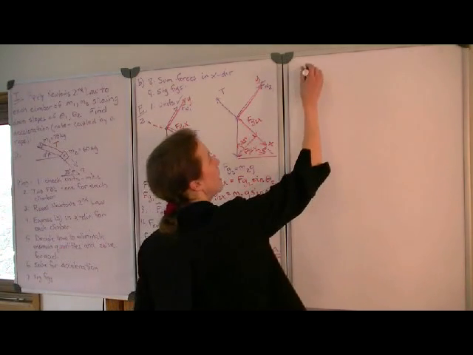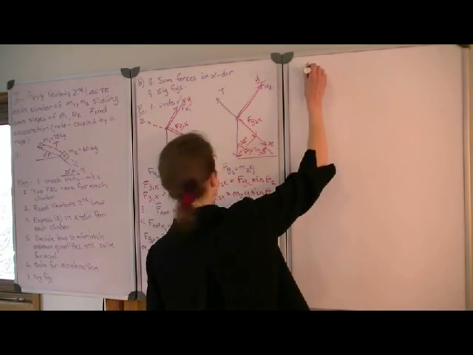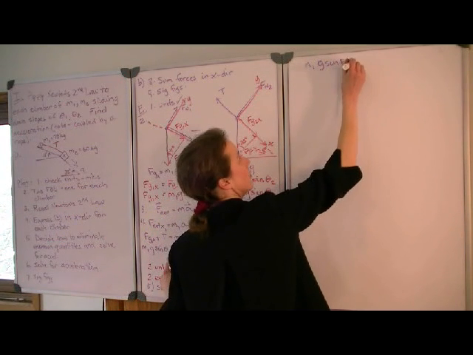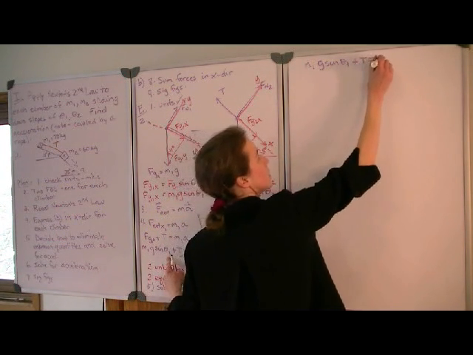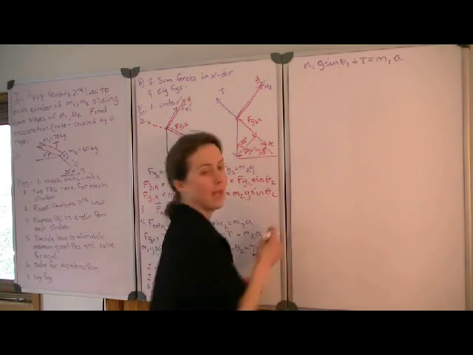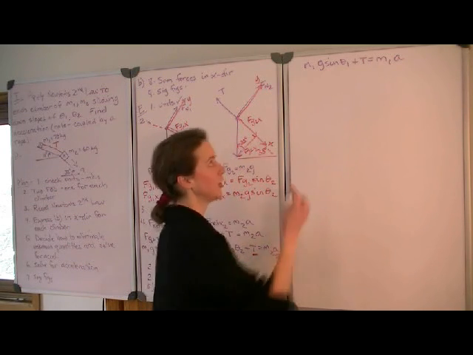Let's rewrite these equations so that you can see. So we have m1g sine theta 1 plus the tension equals the mass of the first climber times the acceleration. And our second equation we'll write directly underneath.